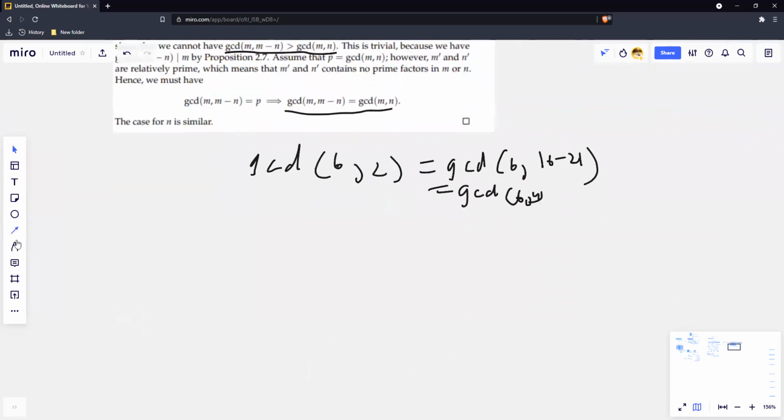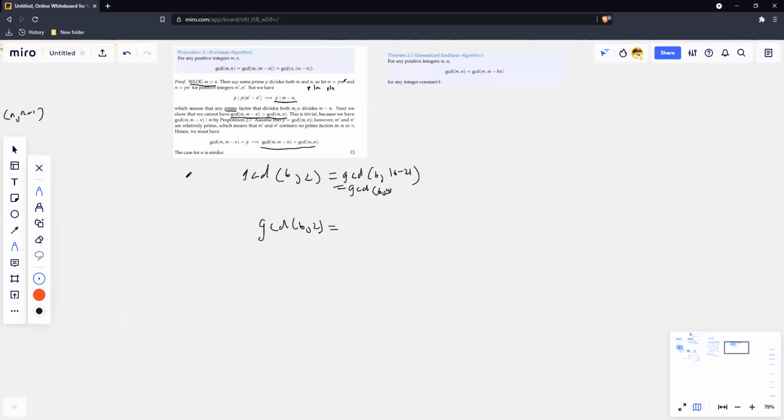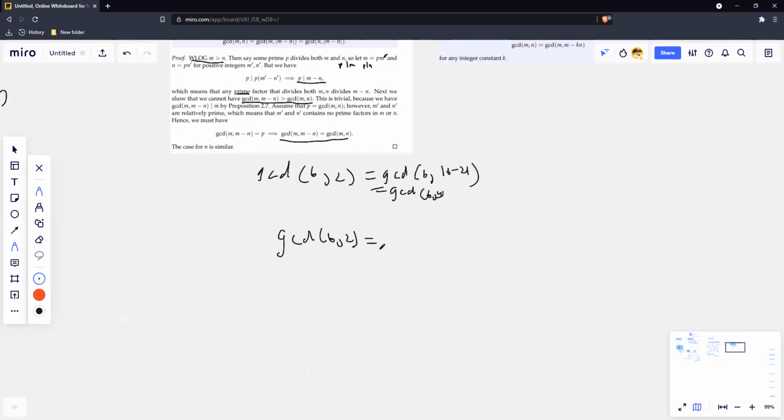And once again, GCD(6, 2) can also be written as GCD(2, m - n) again. All of them are acceptable ways to write it.